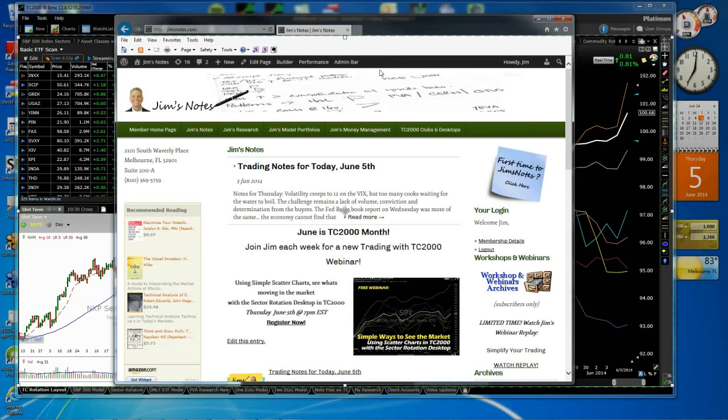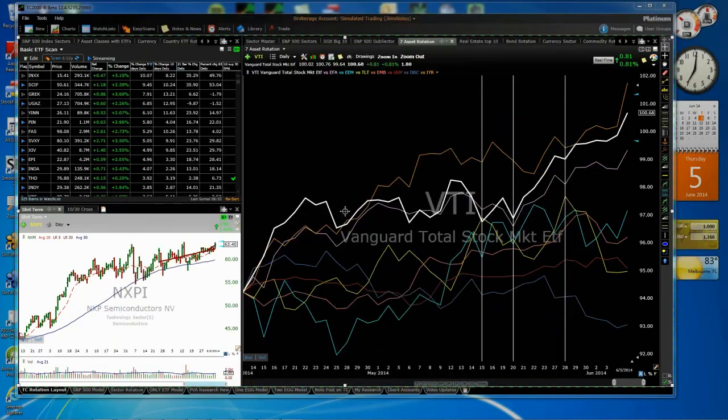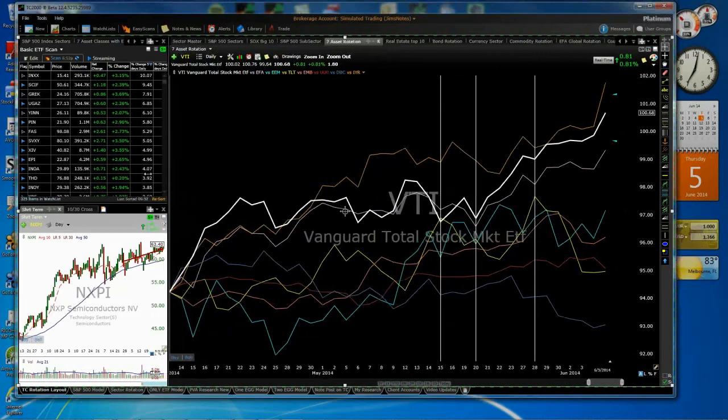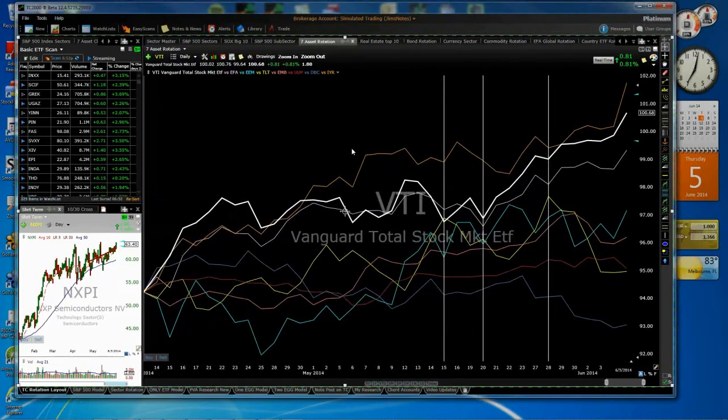So I'm going to start at the simplest level that I know how, which is the 7 asset classes, which I talk about quite a bit. This is the desktop that we have built, and there's no magic to this, other than it simplifies how you can visualize the market.